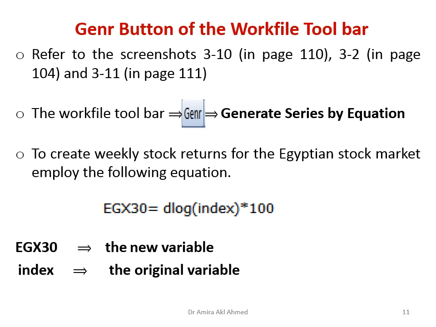In this equation, we have two variables, the new variable and the original one. EGX30 represents the weekly returns of the Egyptian stock market. It is the new variable which is generated from the original values of the index itself.